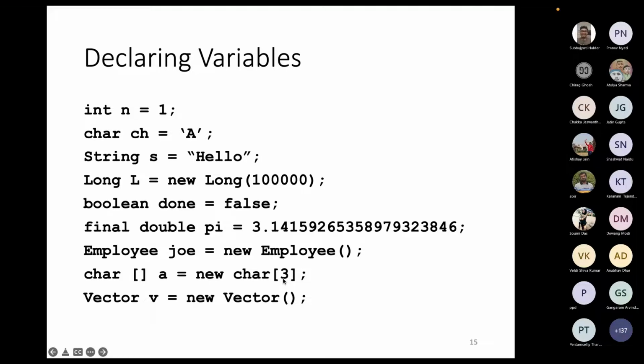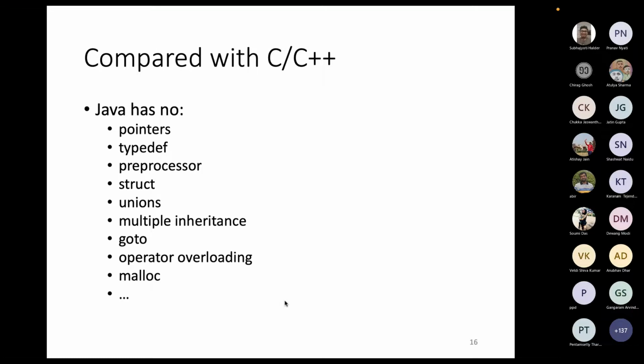When you are defining the array, the size of the array is given in square brackets, whereas when you are defining a single object, the input to its constructor is given within round brackets. And again, this is defining a new vector. I think this is clear.